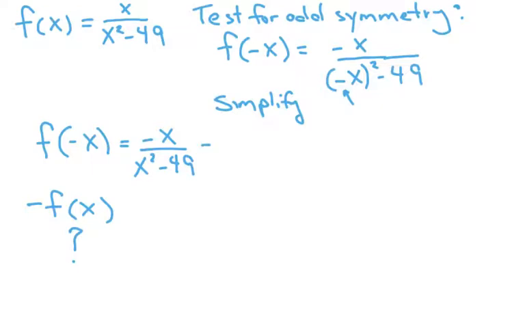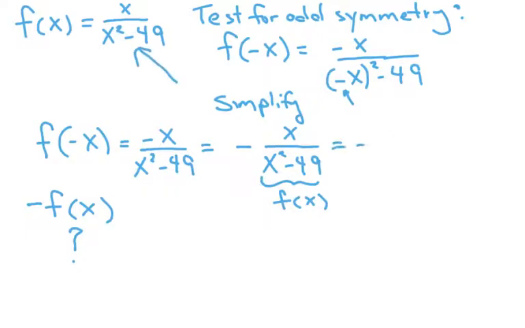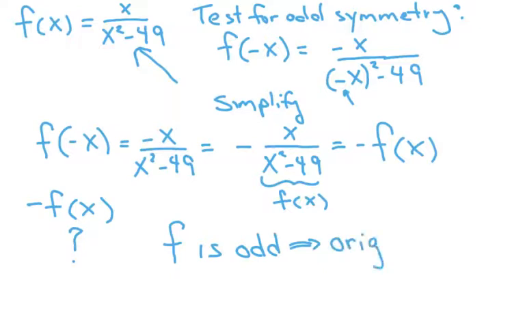Well, the way I see it is to bring this minus sign out front. This is f of x, right? So, yes, this does equal negative of f of x. So our function, we'll call it f. What kind of symmetry is this? Origin symmetry.